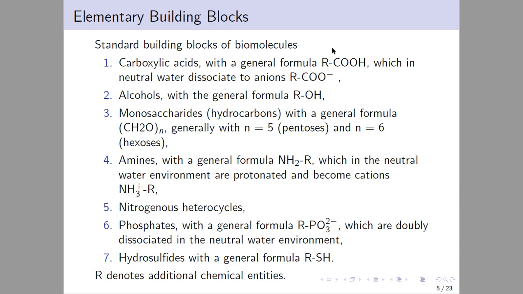Next we have the nitrogenous heterocycle. Here we change one carbon in our benzene to nitrogen, so the nitrogen sits in that benzene ring, for example. Next we have the phosphate, with general formula RPO3 2 minus, which dissociates in the water environment and makes the phosphate bond.